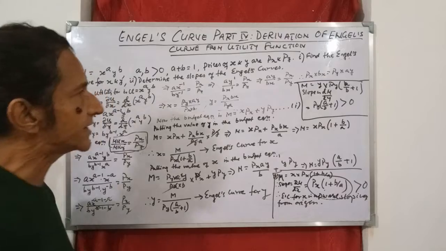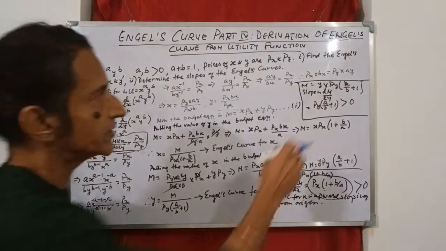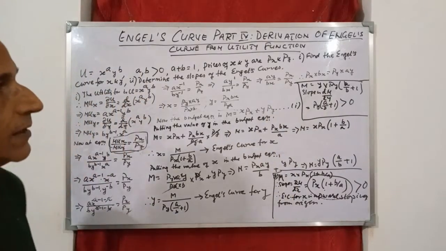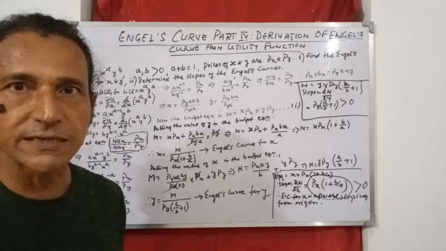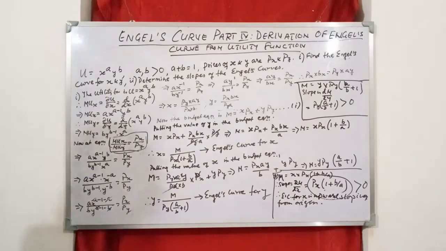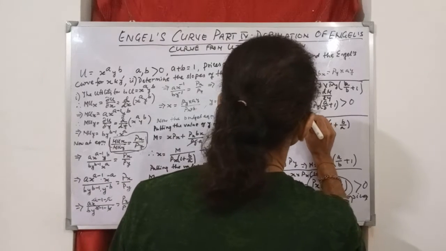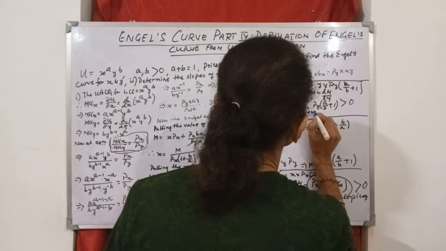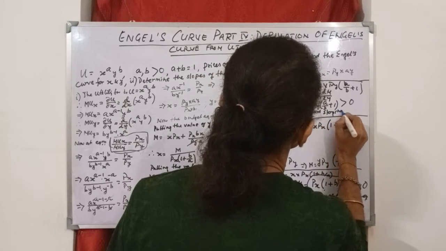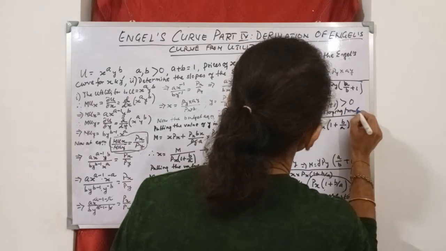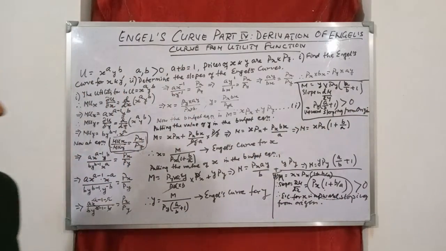Since py is greater than 0, a is greater than 0 and b is greater than 0, so the whole thing is greater than 0, and there is no intercept in either x or y axis. That means the curve is upward sloping starting from origin. So it is upward sloping from origin, right?